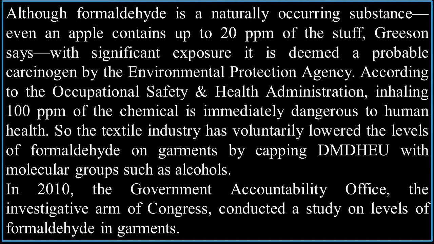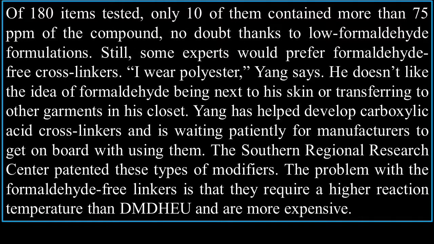In 2010, the Government Accountability Office, the investigative arm of Congress, conducted a study on levels of formaldehyde in garments. So now they're capping the DMDHEU with alcohols. Of 108 items tested, only 10 of them contained more than 75 parts per million of the compound, no doubt thanks to low formaldehyde formulations.